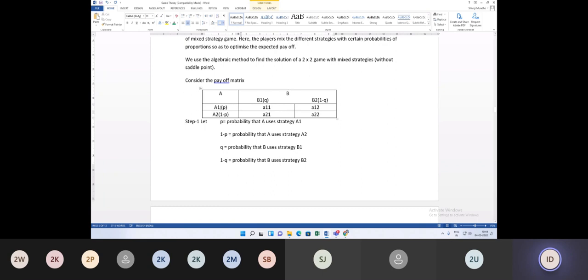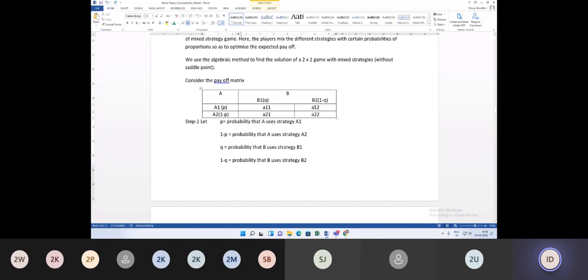Okay, I'll explain now. The A1 strategy probability is P, the A2 strategy probability is 1 minus P. Similarly for B, B1 has probability Q and B2 has probability 1 minus Q. That means whatever probability is assigned to B1, the rest of the probability is assigned to B2. Why?